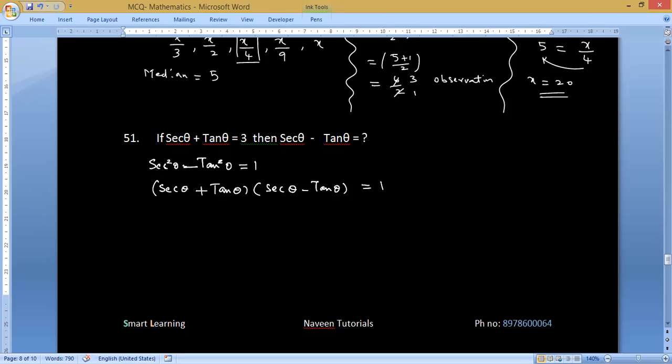In the question, secant theta plus tan theta is 3, so in its place I'll write 3. Then 3 times (secant theta minus tan theta) is equal to 1.